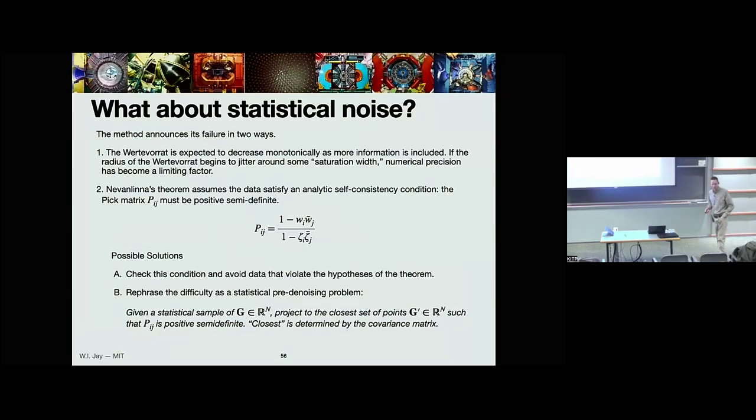It turns out that one of the hypotheses of the theorem, due to Pick, not Nevanlinna, is that the data have to satisfy an analytic self-consistency condition. There's a certain matrix you can write down in terms of the nodes and the values that has to be positive definite. So things can be sensitive to exactly what you have, but you have some guidance from a condition like this about whether you expect it to fail.